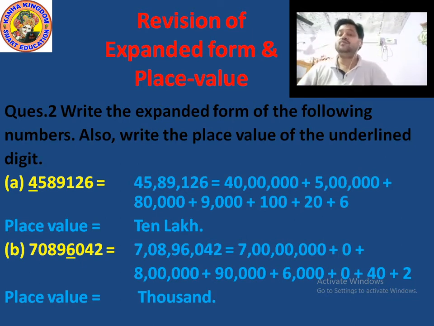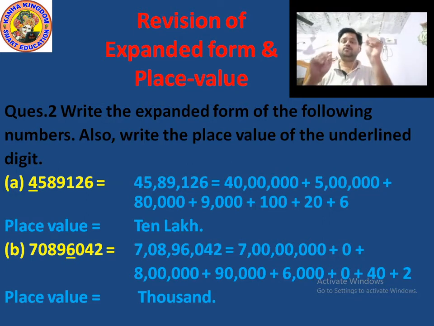After 8, which digit? 9. So write down 9 comma 000 plus. After 9, which digit? 1. So 100 plus. After 1, 2, so 20 plus, and after 2, 6. So how to write the expanded form in a proper way?